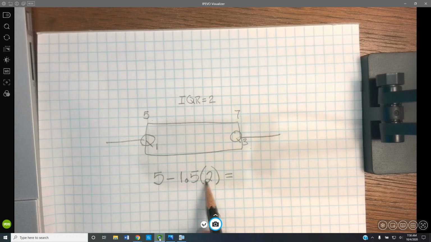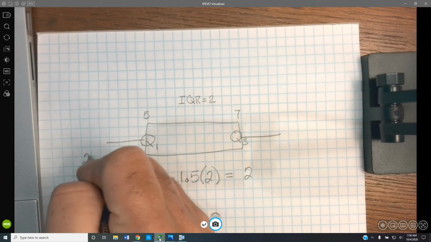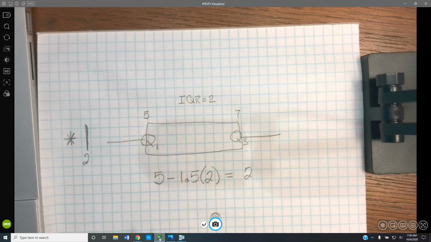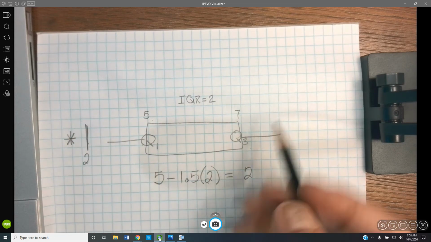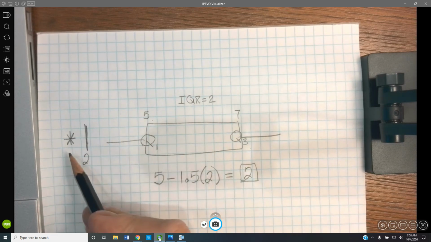Okay, well, 1.5 times 2 is 3. 5 minus 3 is 2. So that means for me, anything that goes below a 2 will become an outlier, because 2 is my limit for IQR and for outlier range.